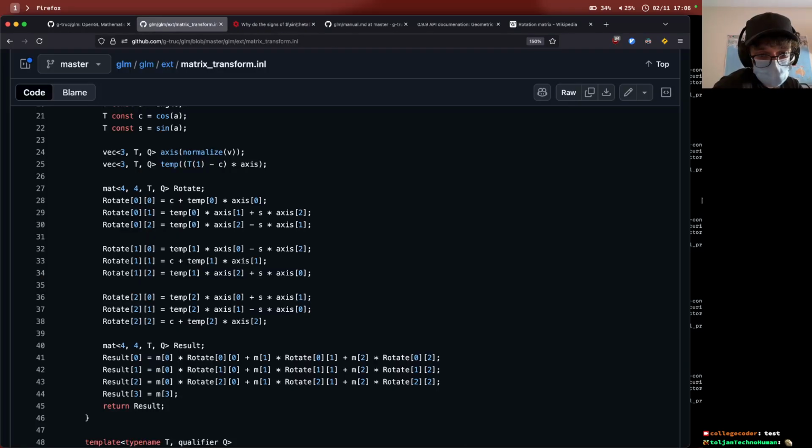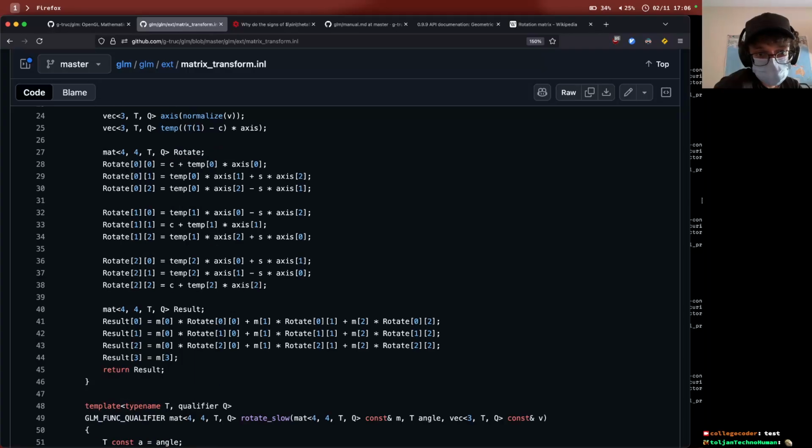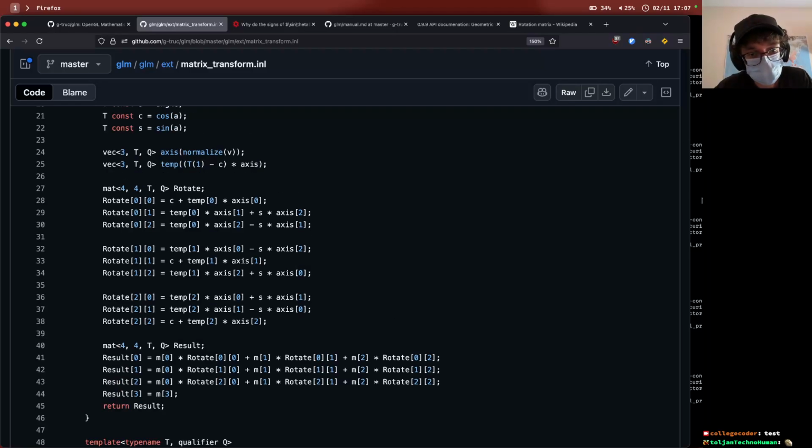And so then we would need temp 0 to be 0, because axis at 2 is 1, as that is the third axis that we pass in the vec 3, indicating the direction, indicating the axis around which we want to perform a rotation. In this case, we're simulating rotation around the z-axis, so axis 2 would be 1, and so temp 1 should yield 0.